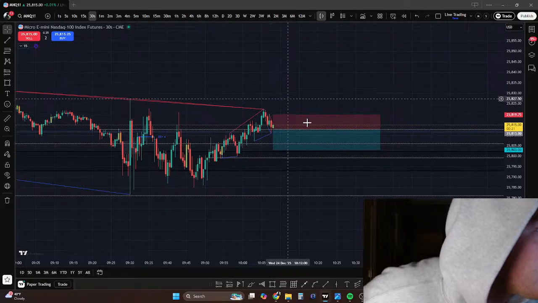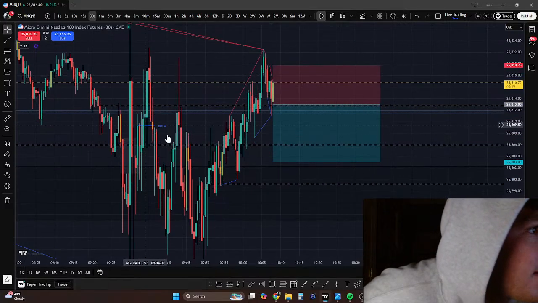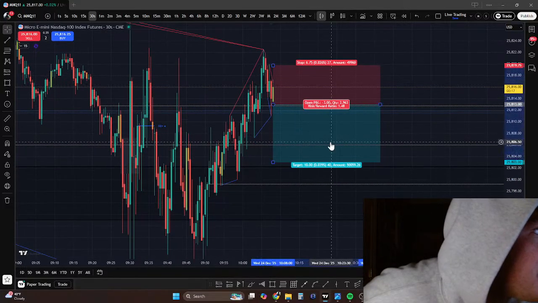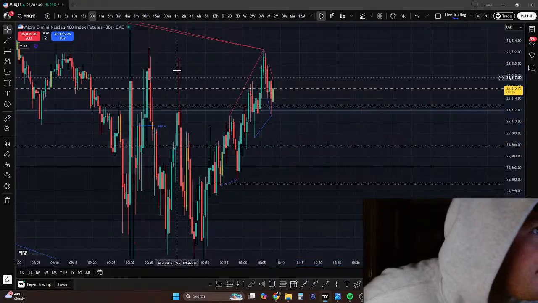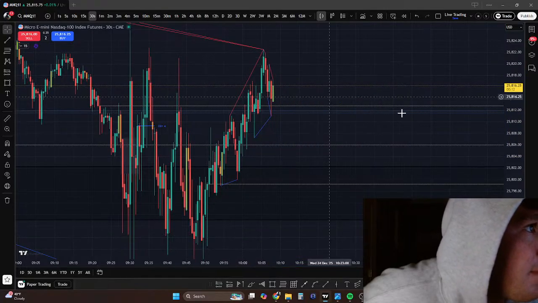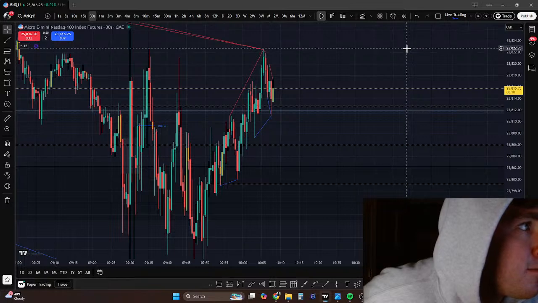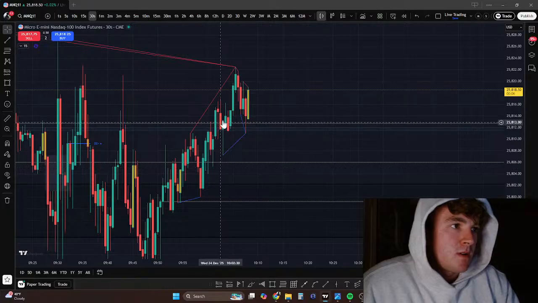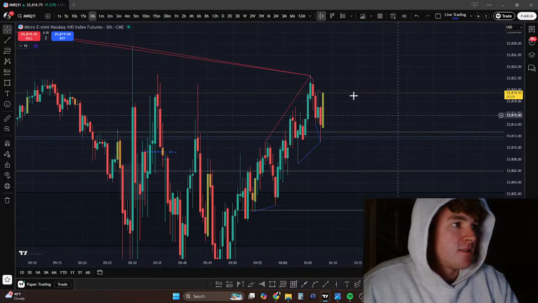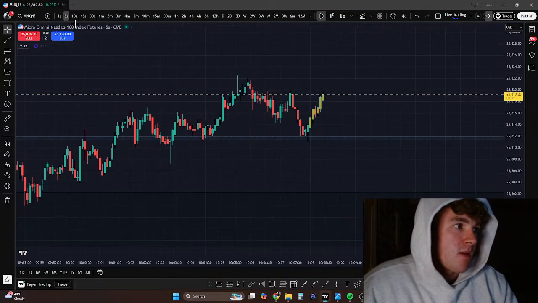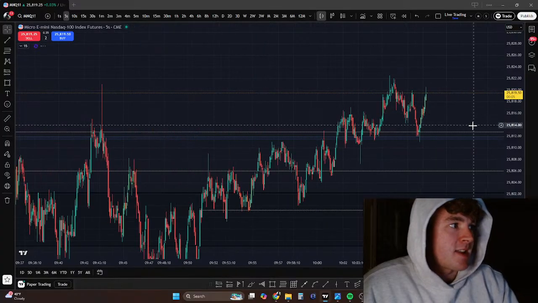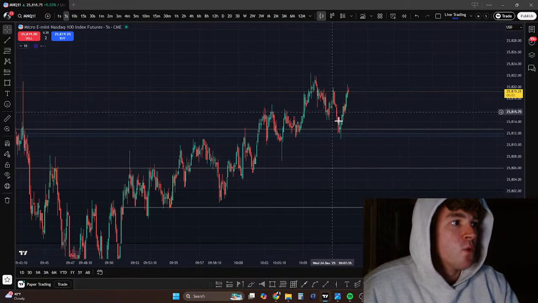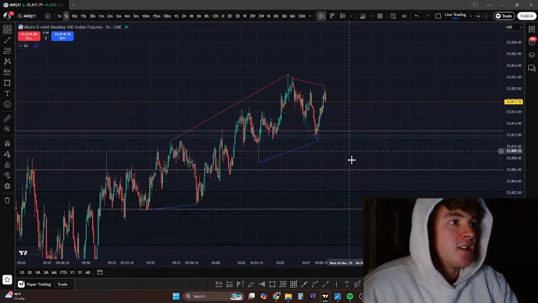Look at that. Look at that back test of that end dog. And now it's just going higher. Ooh, look at that 5-second inversion.